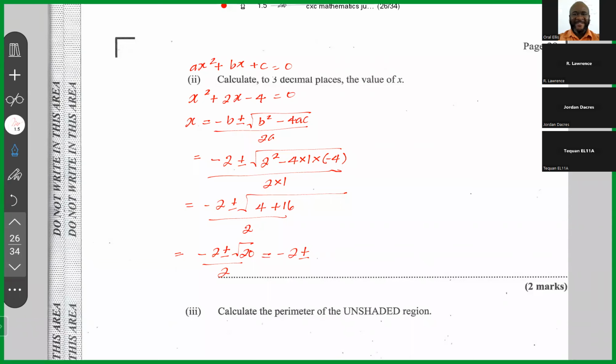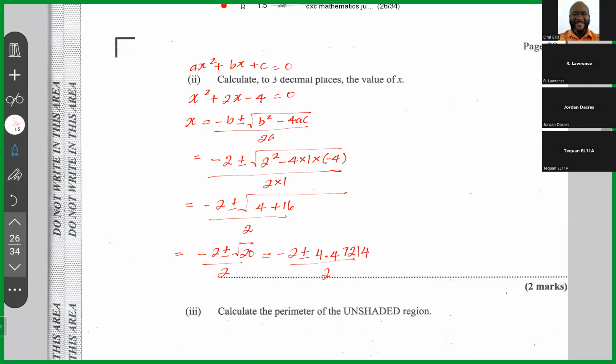The square root of 20 is 4.4721. Let's put in another decimal for good measure, 4.47214. And this is over 2.